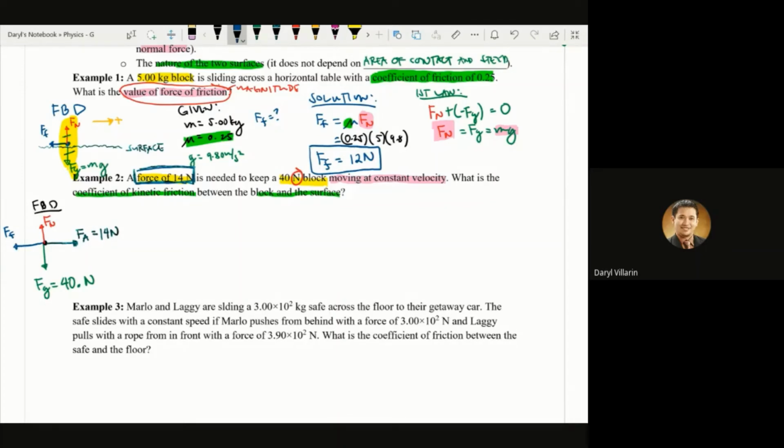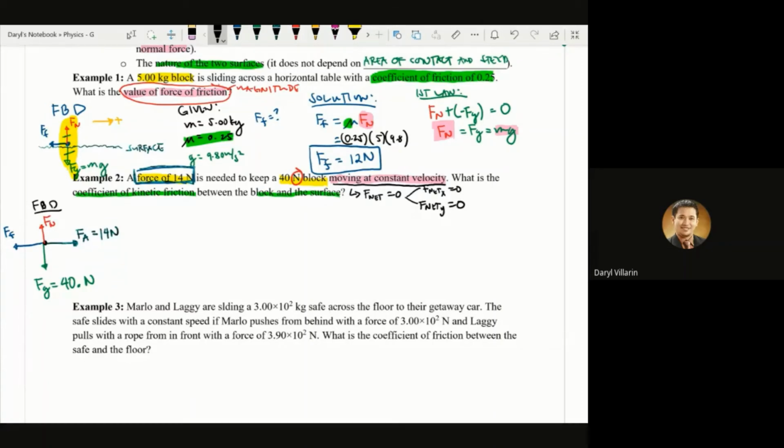Okay. And we have here that it's moving with a constant velocity. So what does it mean? That means that the net force is equal to 0. So it also means that the net force along x and the net force along y are also equal to 0.